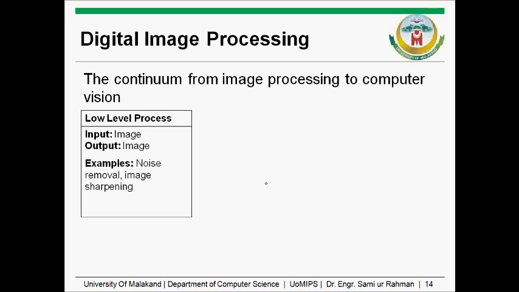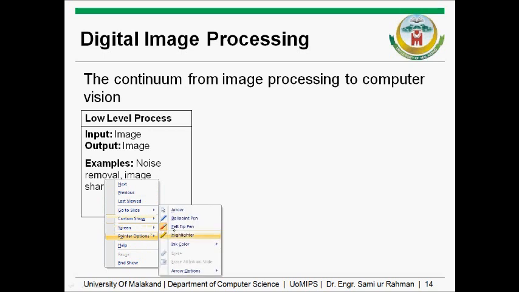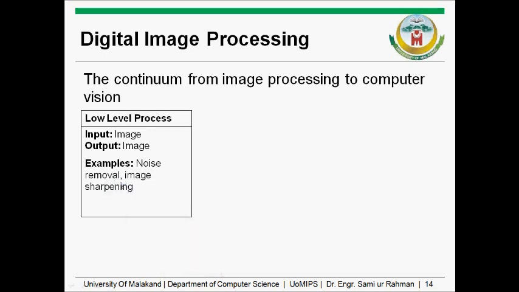So what are the different processes that come in this low level processing? That is like noise removal. You have some image and there is something which you don't want to be there.